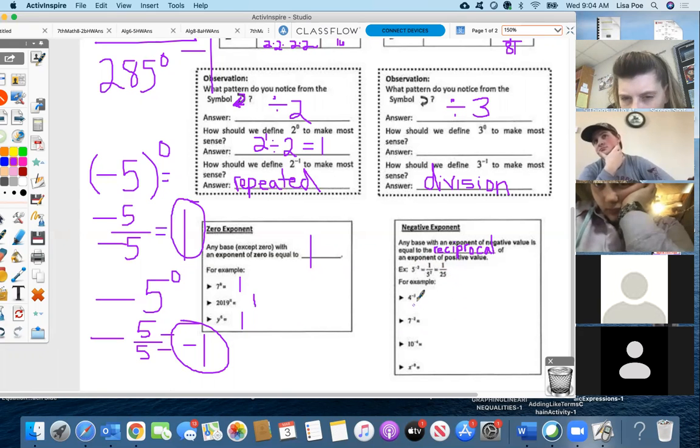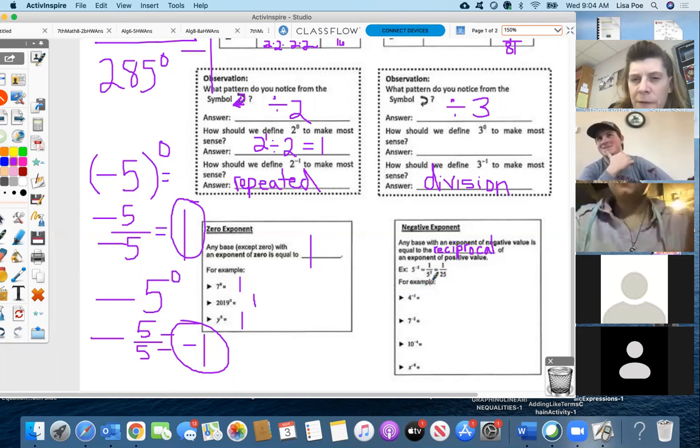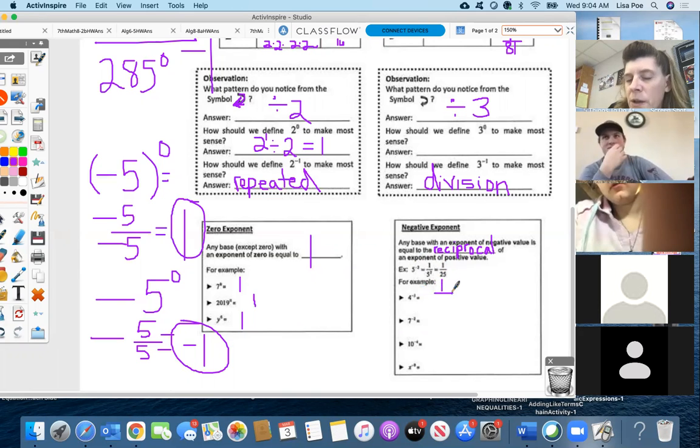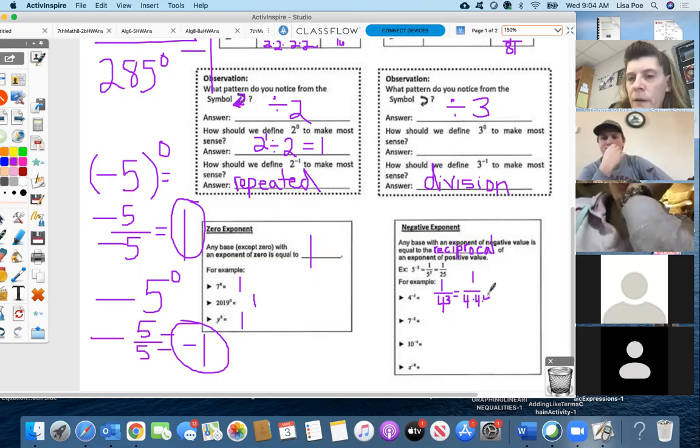I can't read this. Is that 4 to the -3rd? Yeah. So what is 4 to the -3rd? It's actually 1/4 to the 3rd, which is equal to 1/(4 times 4 times 4). What is 4 times 4 times 4? 64. Right.